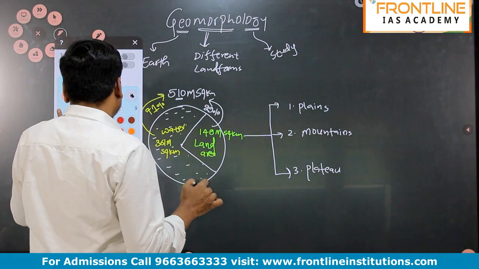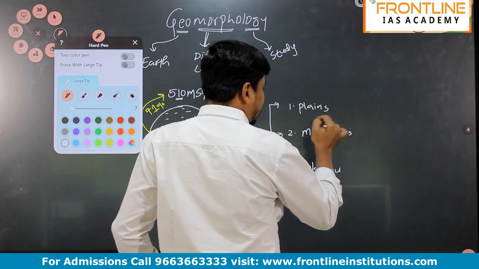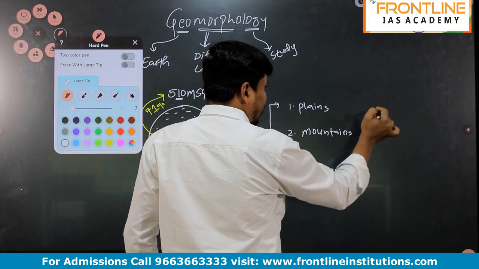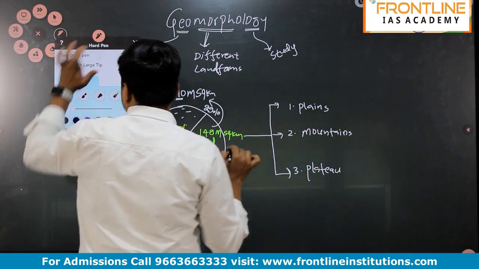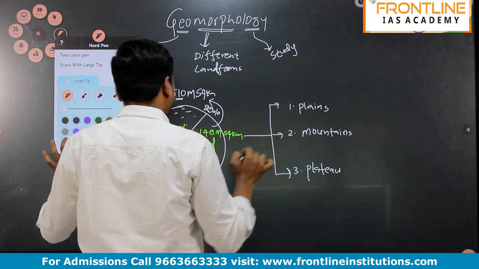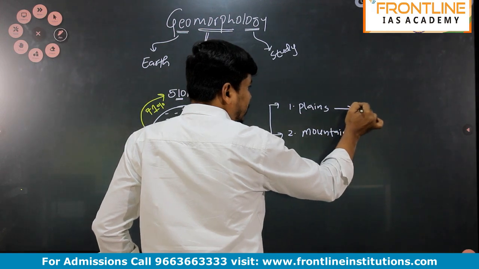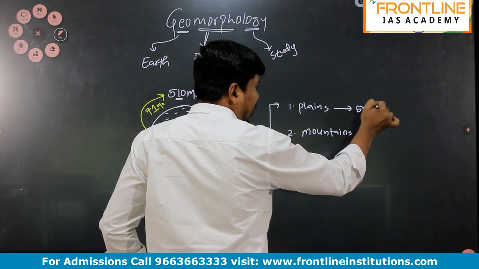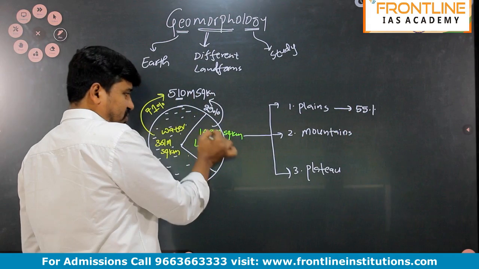So land consists of three major landforms, right? One more important point: out of the total landmass, plain alone constitutes 55% of this 149.